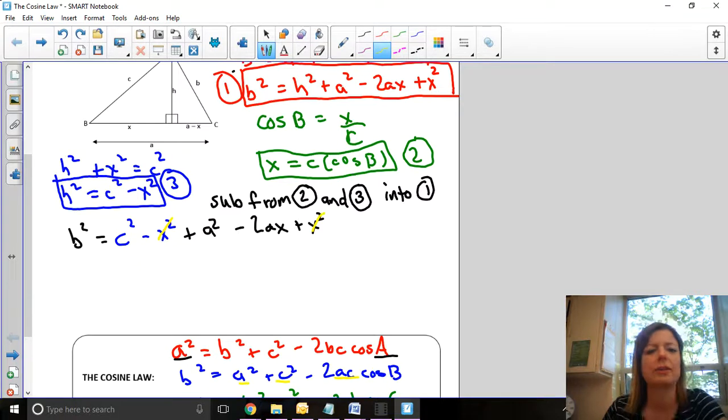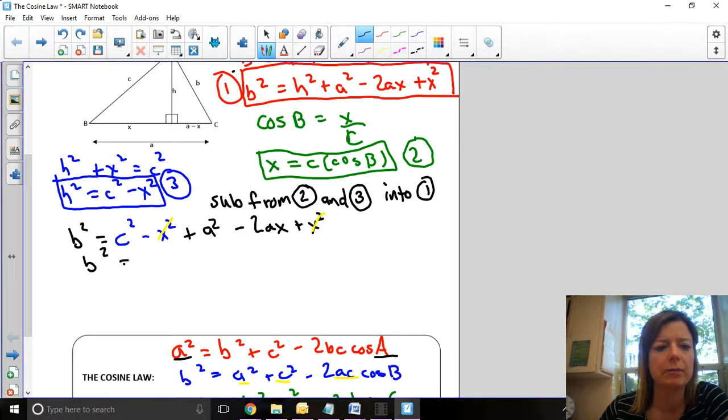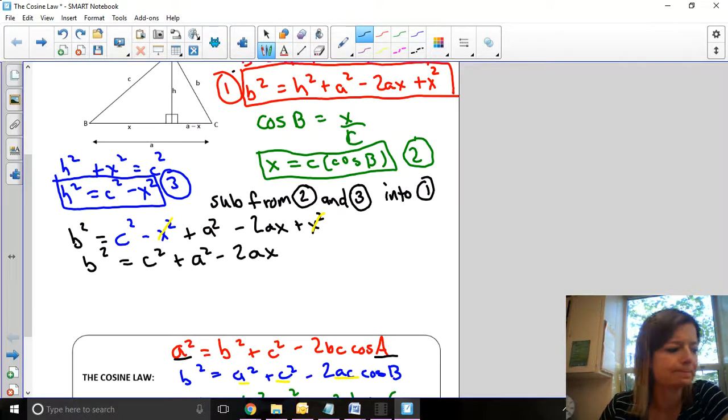Those two cancel each other out. Okay, so now we're left with b squared equals c squared plus a squared minus 2ax. Okay, so now what I'm going to do is, instead of x, I'm going to write the green equation, so c cos b.